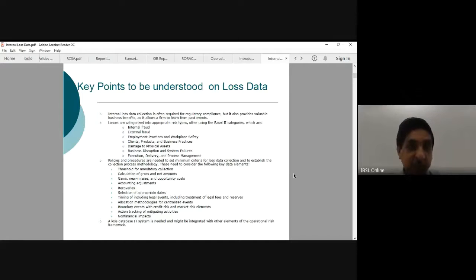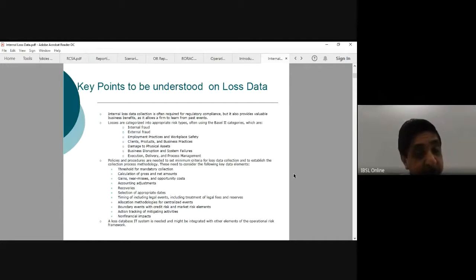The records are there, but it will not go into the loss database. That is the only difference here. That is why it says threshold for mandatory collection, calculation of gross and net amounts.